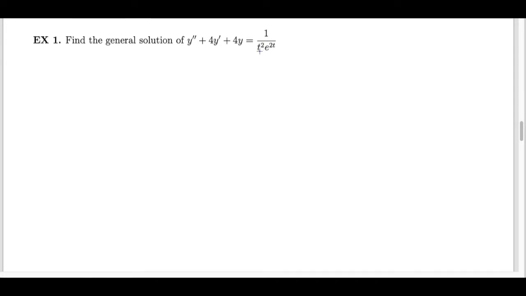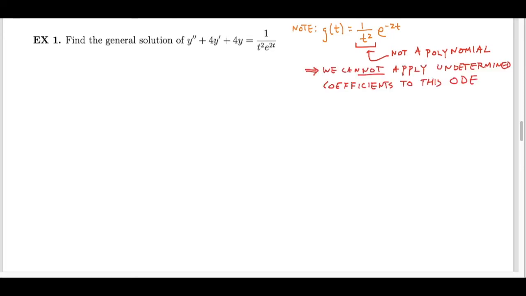This 1 over t squared is actually not technically a polynomial. And we stated previously that undetermined coefficients can only be applied when the g of t is either the sum or product of polynomials, exponentials, or the primary trig functions. So that indicates that I cannot apply our previous method to this specific differential equation. So anyways, I just wanted to point that out.